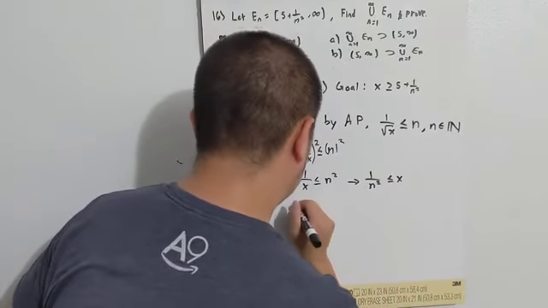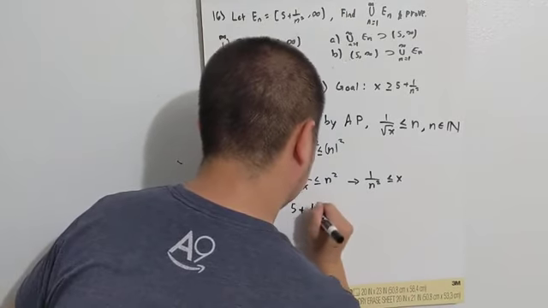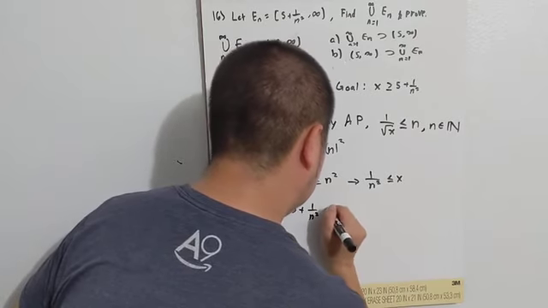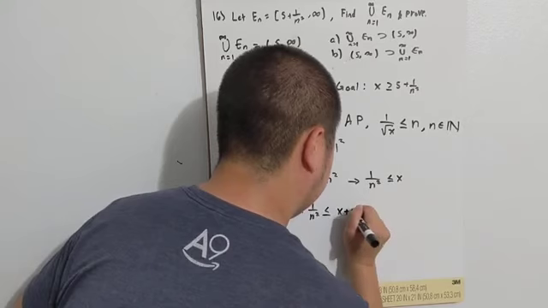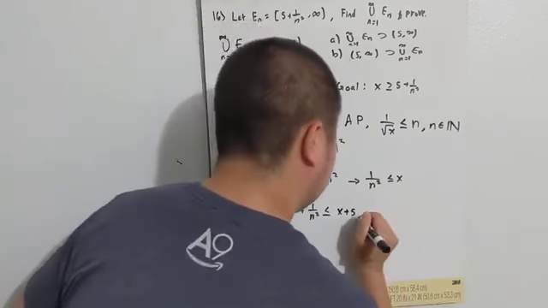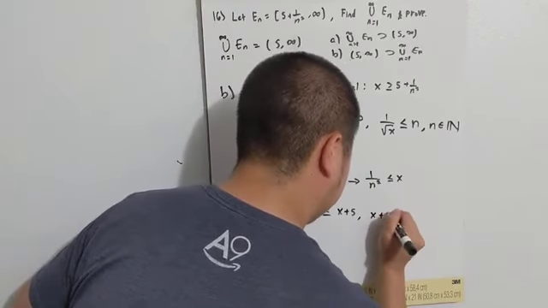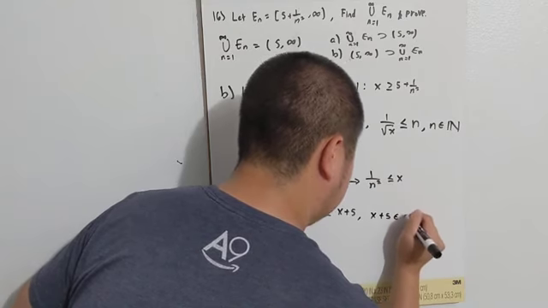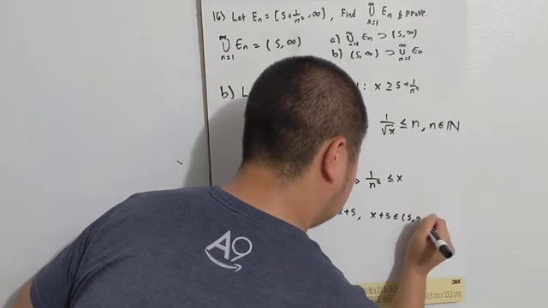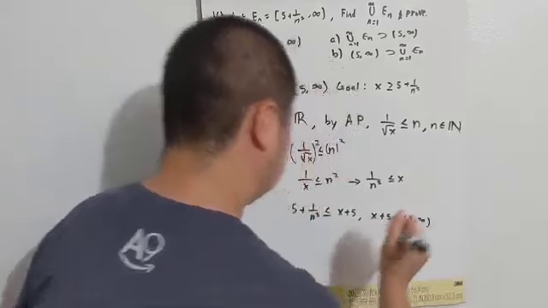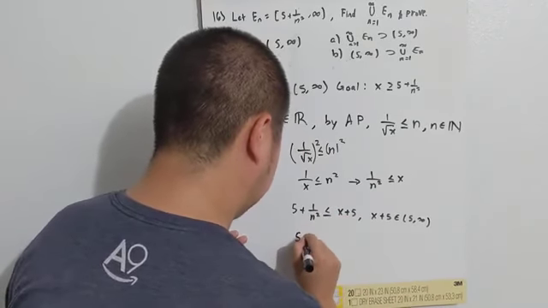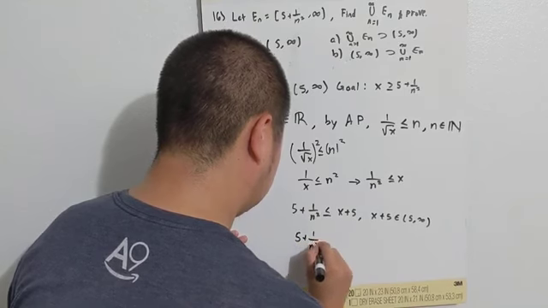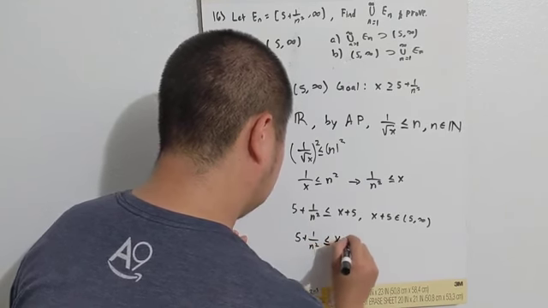So we get 5 plus 1 over n squared is less than or equal to x plus 5. And we know that x plus 5 is still within (5, ∞). So we could reduce this down to 5 plus 1 over n squared less than or equal to x, and that's what we want.